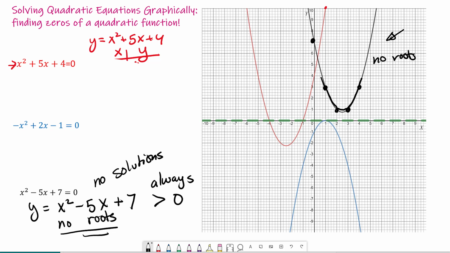One way to do this is by completing the square for x squared minus 5x and finding that the square of the expression is less than 0. And then we can't find actual roots. And you can see that using the method of completing the square, which is given in a different video. But the important thing is that even graphically, we can see that we don't have solutions in this case.